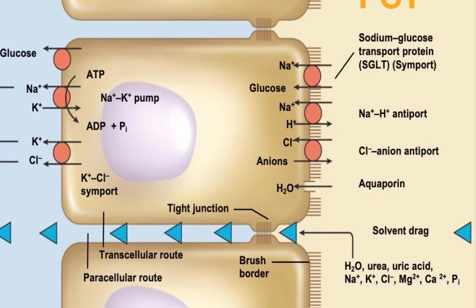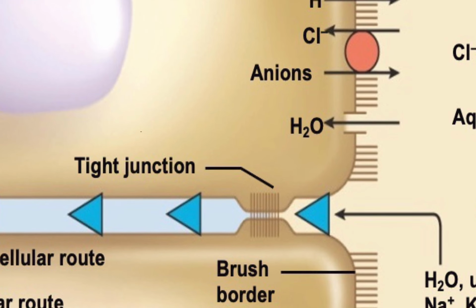There's something called tight junctions. You see, we have so many millions and millions of cells, but they're not glued together. However, we have some special proteins that hold them together so they don't just wander off, but they're loosely attached. So it's kind of like a bridge. It's called a tight junction, this little gap here.